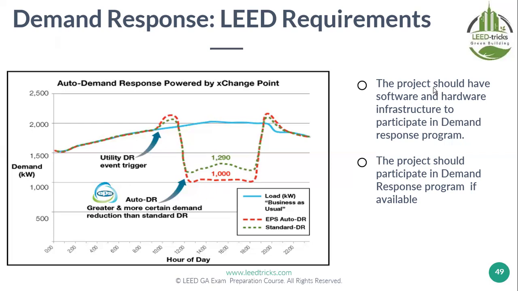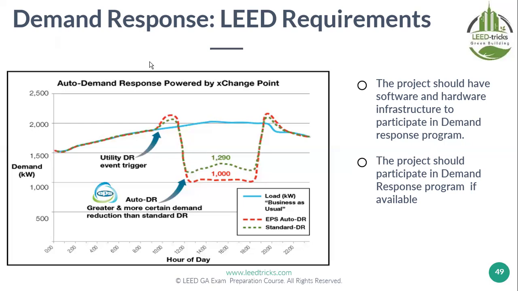So the project should have, of course, the right software and hardware to participate in demand response. The issue here is that your utility provider may not have this technology to send signals. In this case, you need to have the software ready and the infrastructure, like a control room or automation system that controls all systems, to be ready.